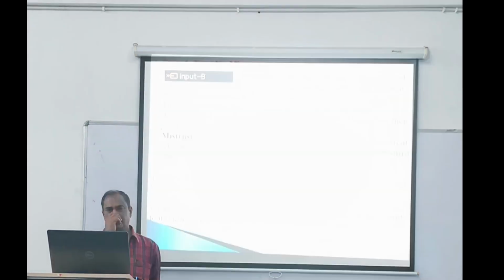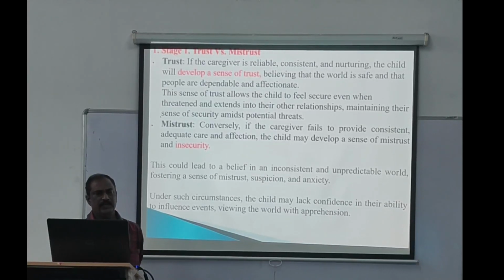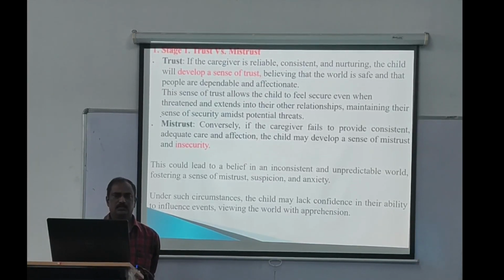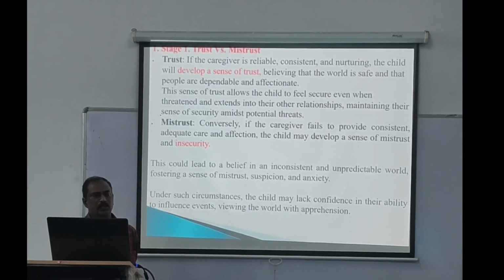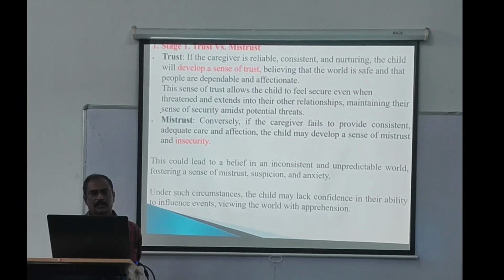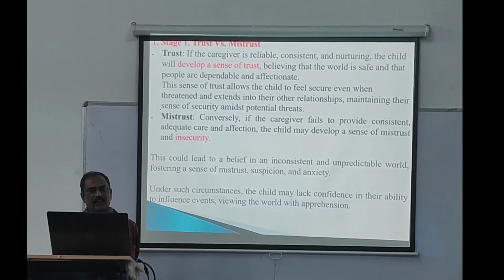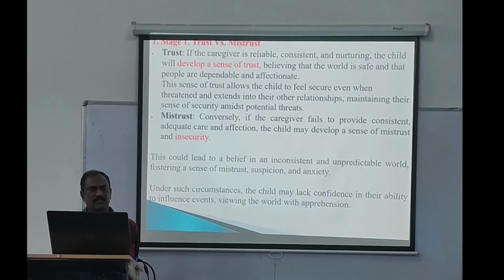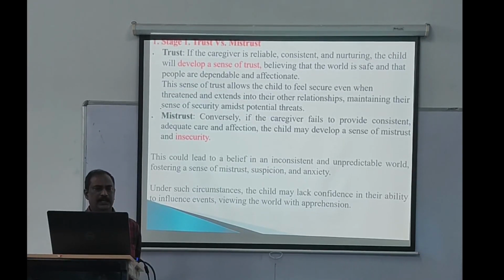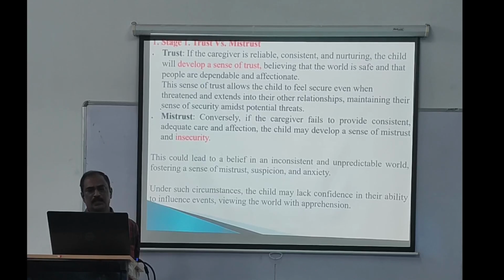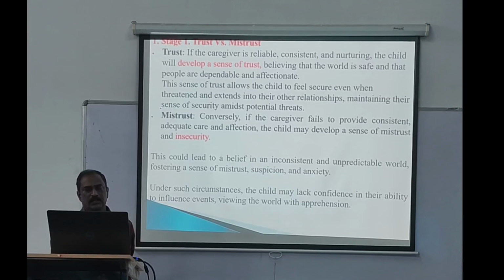If the caregiver is reliable, consistent and nurturing, the child will develop a sense of trust, believing that the world is safe and that people are dependable and affectionate. This sense of trust allows the child to feel secure even when threatened, and extends into their own relationships, maintaining their sense of security amidst potential threats.